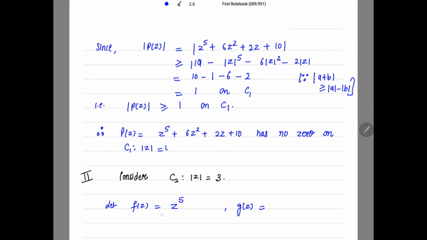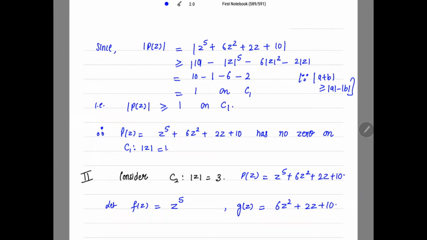So we take our fz to be equal to z to the power 5 and the remaining terms for the gz: 6z square plus 2z plus 10. So I have to choose this fz and gz from this given polynomial, which is z to the power 5 plus 6z square plus 2z plus 10.